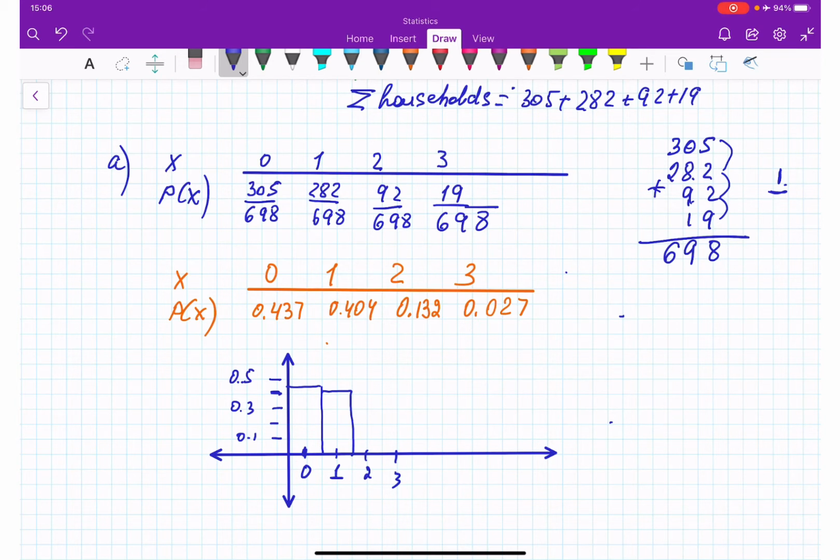Okay. Next, 0.132, which is going to be 132 from here. And lastly, 3 as a midpoint, 0.027, which is going to come somewhere here, right? There we go.